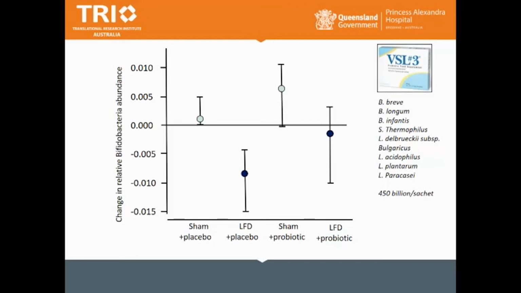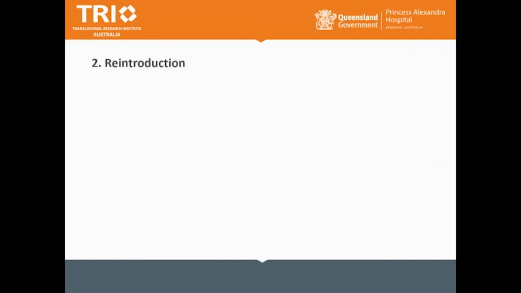One reason being that this is actually really, really expensive, and not everyone's going to be willing to spend that much for 4 weeks plus while they're doing the diet. The other reason that we don't routinely use this probiotic in clinical practice in conjunction with the low FODMAP diet is in clinical practice we actually have this reintroduction process.